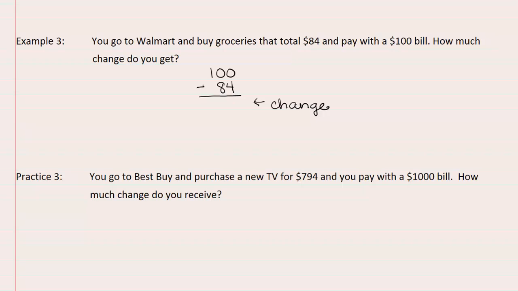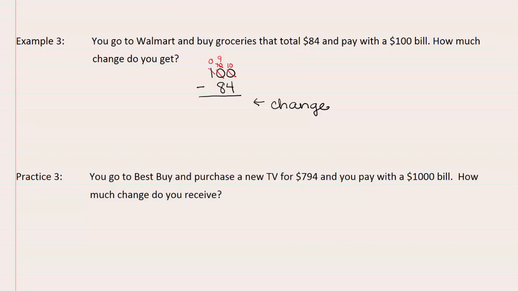Well, I can't take 4 from 0, so I will need to borrow. Well, I have a 0 there, so I can't borrow from it, so I'll have to go over one more spot and borrow. So I'll borrow from this 1. That 1 will become a 0. My first 0 became a 10 so that I can borrow from it, and now it's a 9. And then this one, when I add 10 to it, becomes a 10.